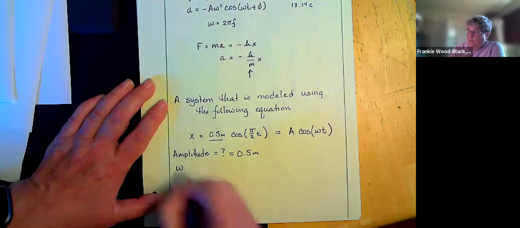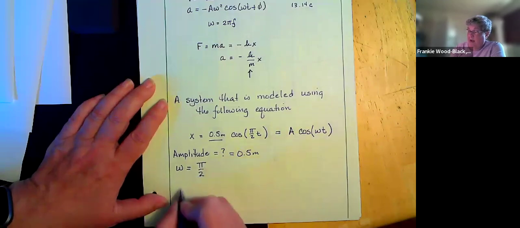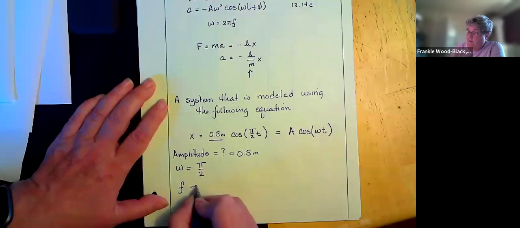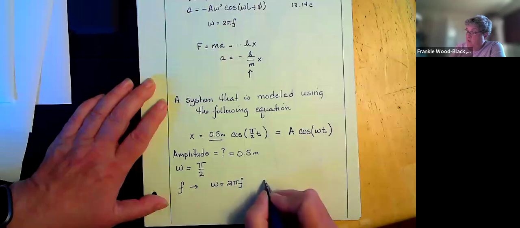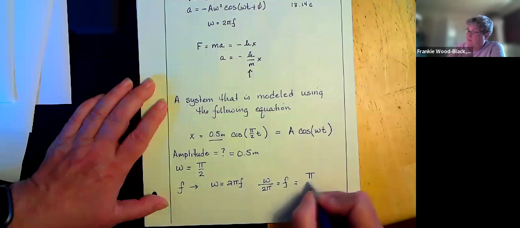My angular frequency is going to be pi over 2. But I can calculate the frequency, because remember, omega is equal to 2 pi times frequency. So omega divided by 2 pi is going to equal the frequency, which means that I get pi over 2 divided by 2 pi.